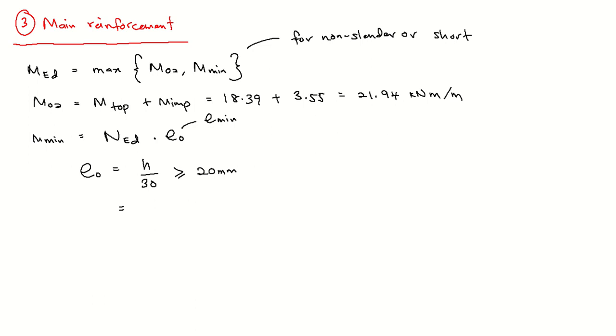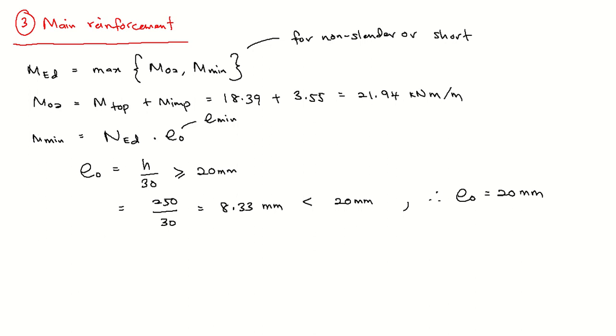The thickness of the wall is 250 divided by 30, we will get 8.33 mm, but this is less than 20 mm. So we should choose the bigger between 8.33 and 20 mm. Therefore E naught is 20 mm. If E naught were 28.33, then we would use 28.33, whichever is greater, either the calculation of E naught or 20 mm.